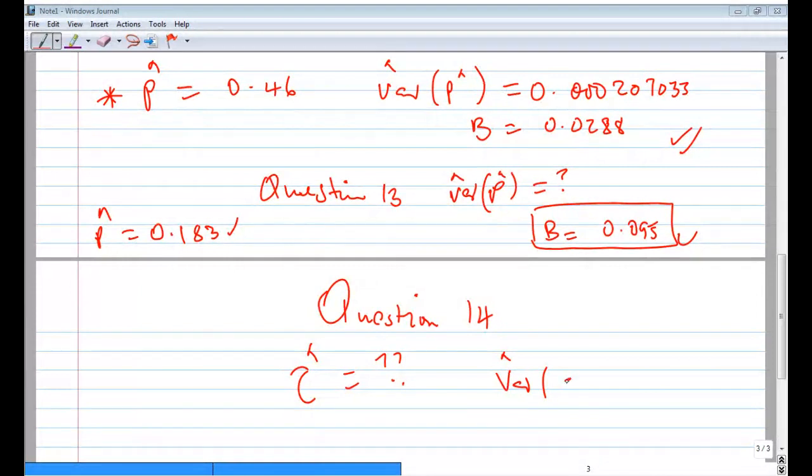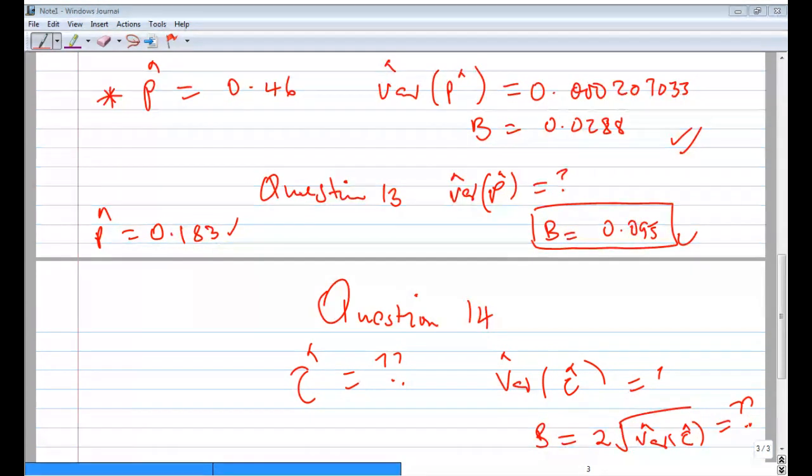So it's the variance of this. Later you find a bound, which is equal to 2 times this.